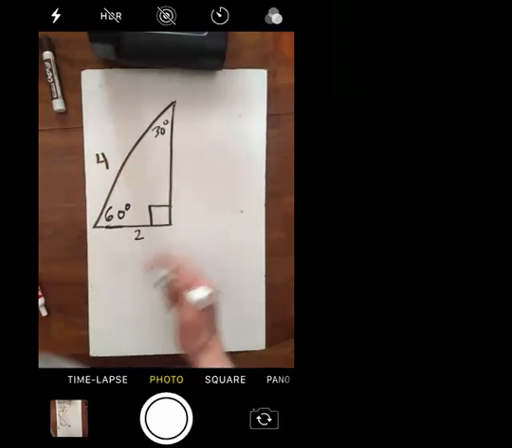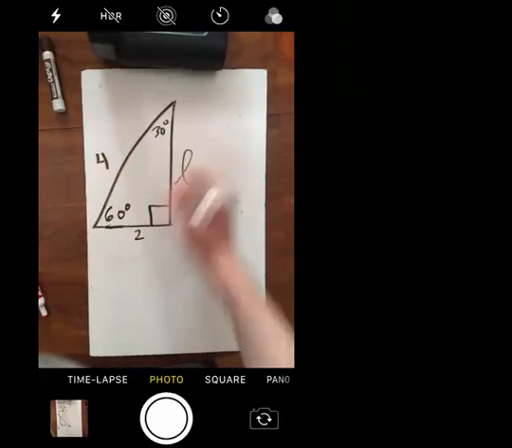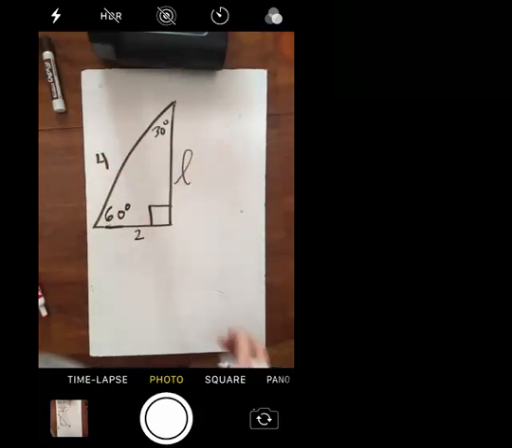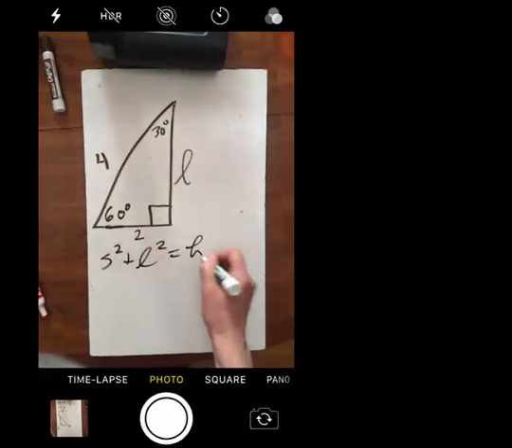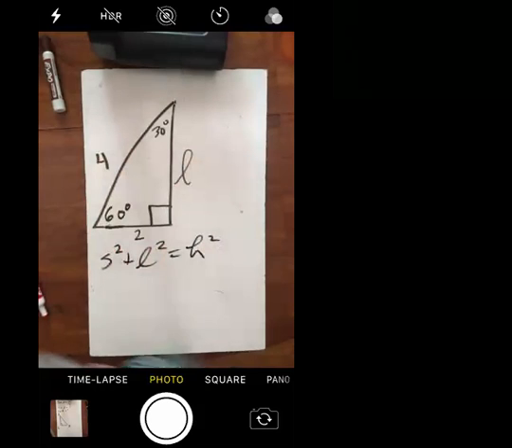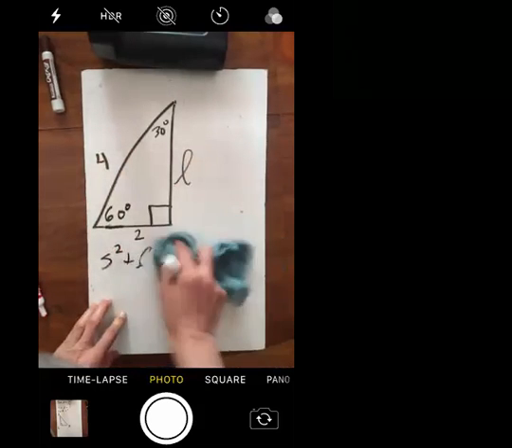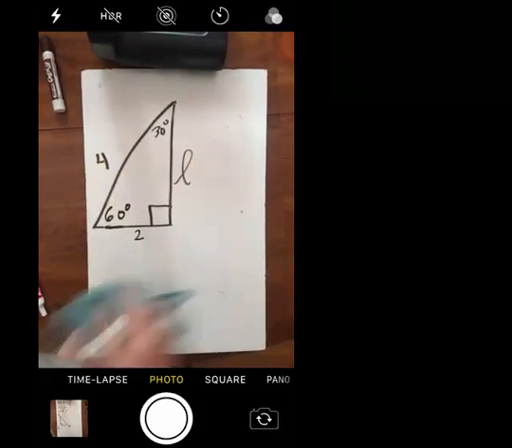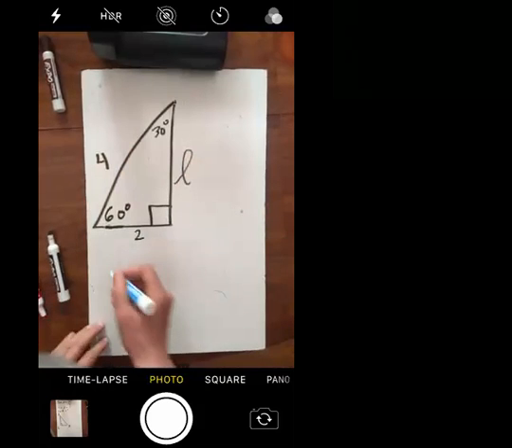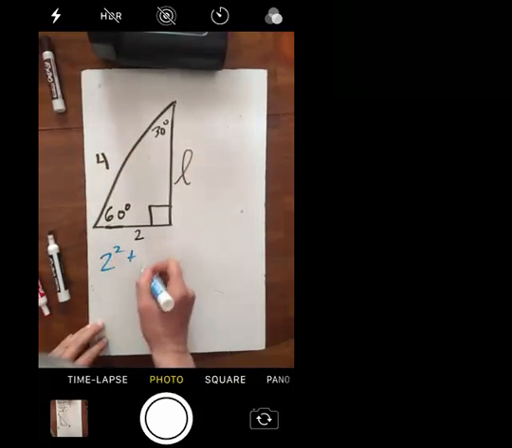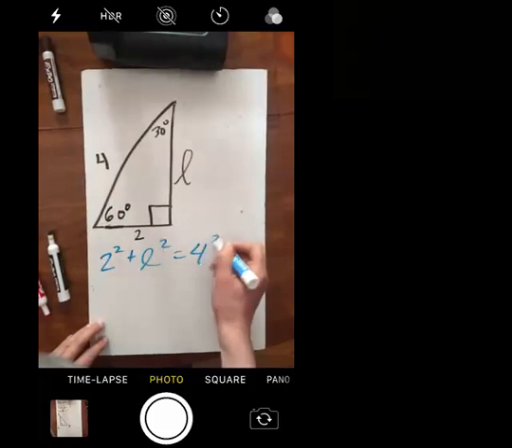Finally, this is a right triangle, and we know 2 sides. So we can find the third side by using the Pythagorean theorem. We have the short leg and the long leg. So short leg squared plus long leg squared equals hypotenuse squared. We can substitute the values that we know. So we have 2 squared plus L squared equals 4 squared.